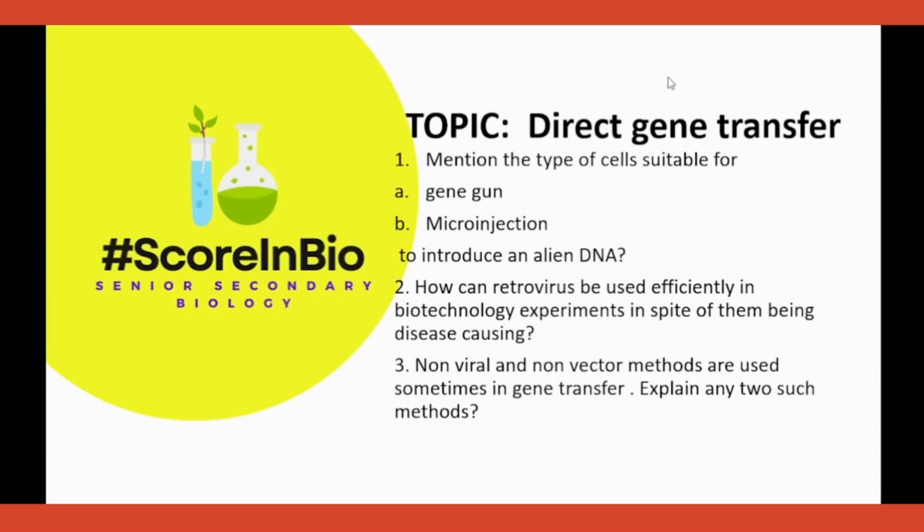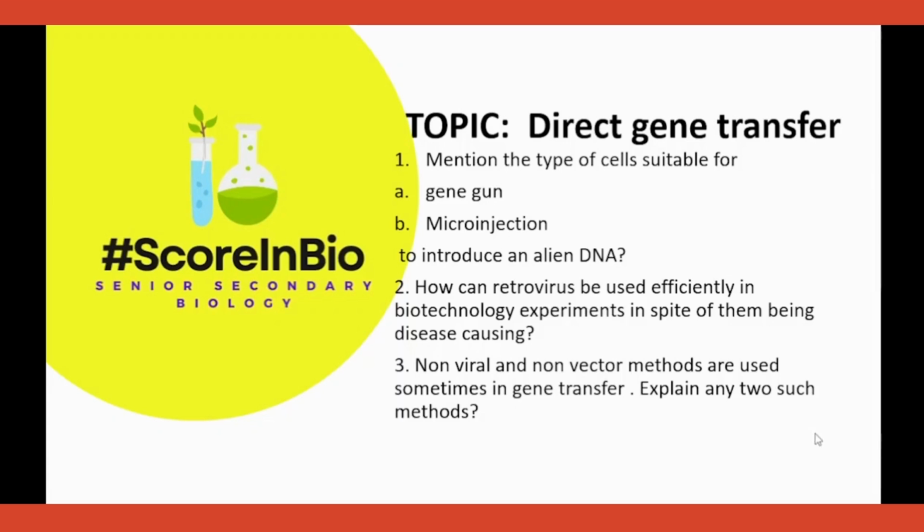The next set of questions is on the topic direct gene transfer. For which type of cell, which type of direct transfer of DNA is used? Gene gun, I hope you remember, only for plants. Microinjection is only for animals.